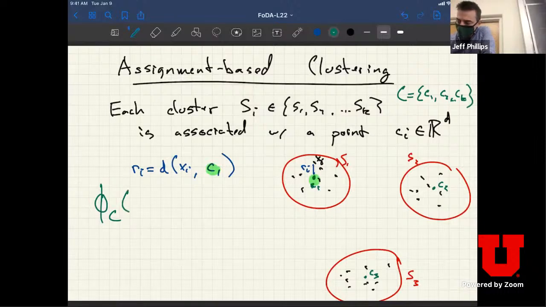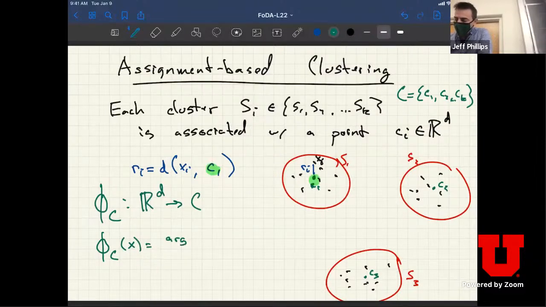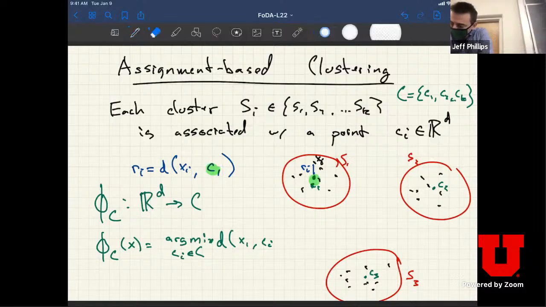It's a function from R^d to the set of the centers, and it maps each point to the closest center. So phi_C of some point X is the arg min over Ci in the set of the centers of the distance from X to Ci. So I'm going to map everything to the closest center.